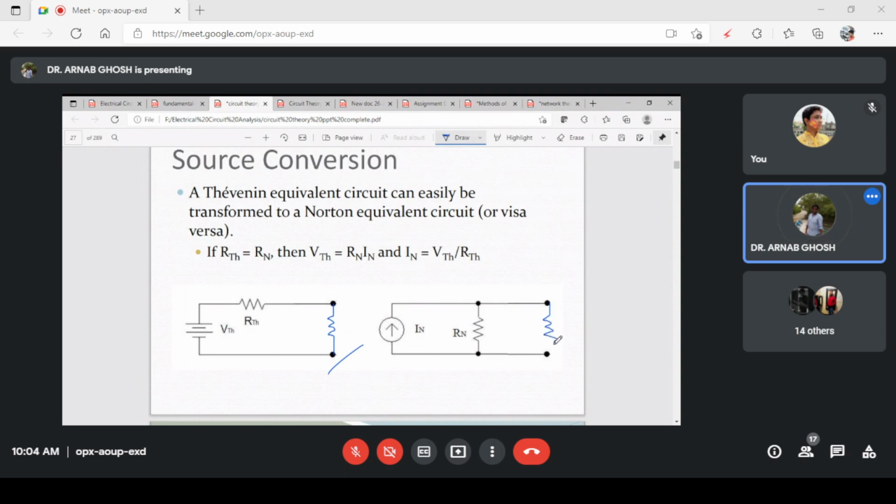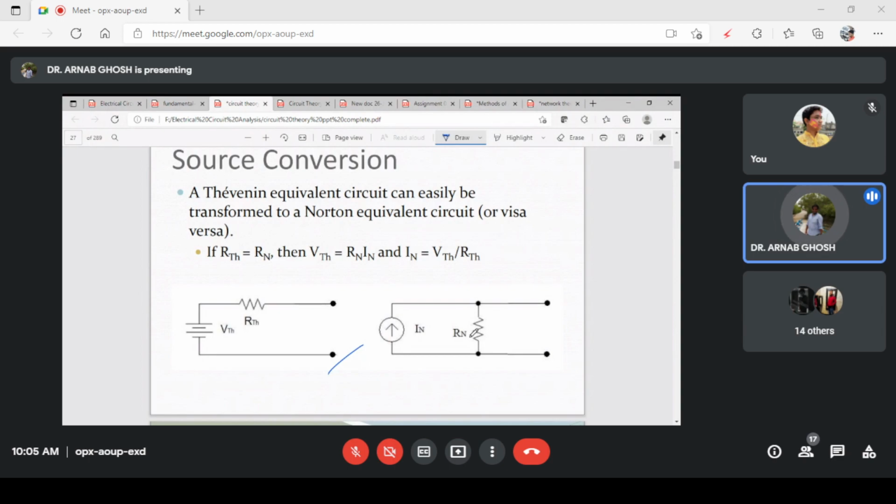Okay, so this diagram is getting worse here. Barring the load resistance, the rest of the circuit would look like this. This is your open circuit voltage with RTH, and this is your Norton's current with RN, the Norton's equivalent resistance.